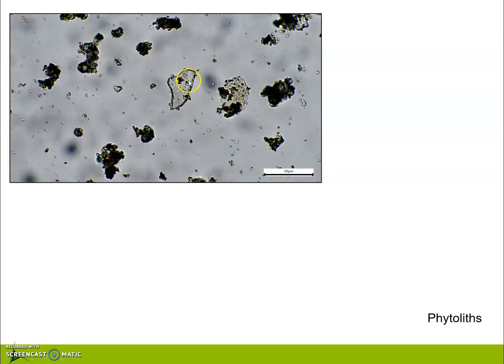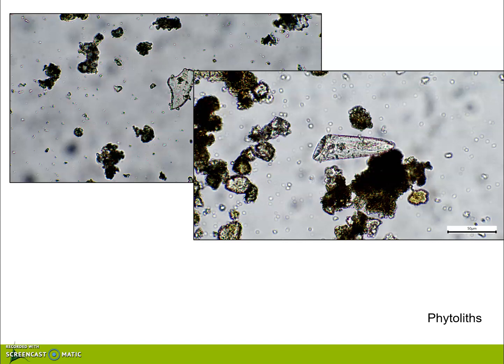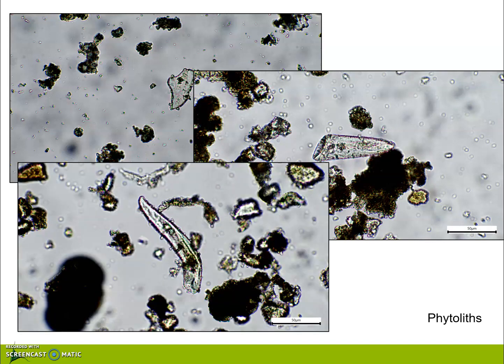Some of these quartz grains, or apparent quartz grains, have funny shapes which are not that typical of what you expect of quartz grains, at least when they are transported by wind. And indeed some of them cannot be quartz grains. So these are actually phytoliths.